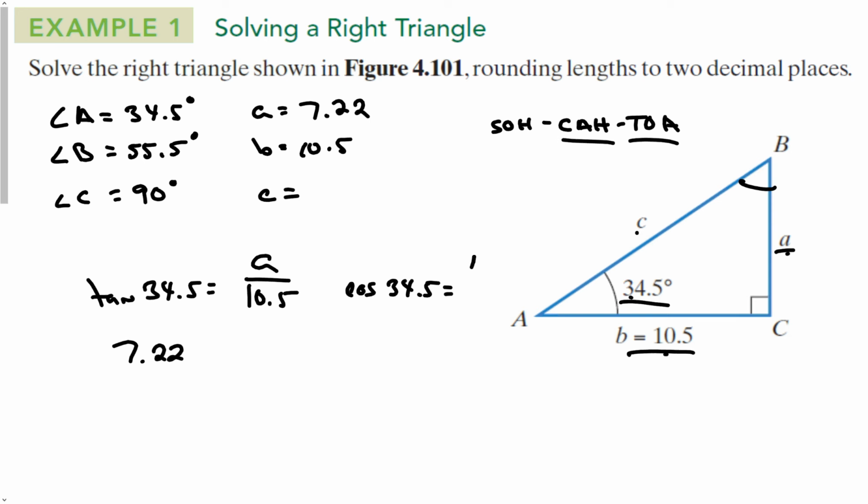So the adjacent, 10.5, that's the side next to the angle A, over c. Multiply both sides by c, and divide out the cosine of 34.5, and we get that c is equal to 10.5 divided by the cosine of 34.5, which is 12.74.